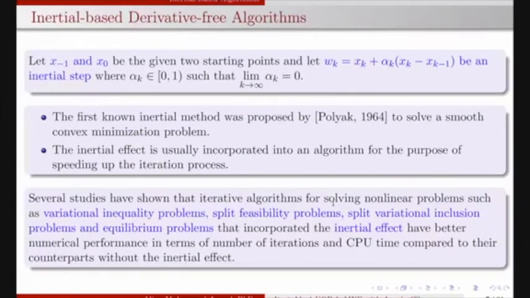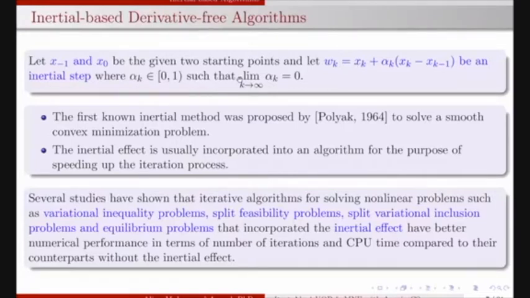So what we are going to discuss has to do with the inertial step. The way it works, if we are given two initial guesses, which we call x minus 1 and x0, then we can compute omega k here. This omega k is what is called the inertial step, and this alpha k here is in this interval.